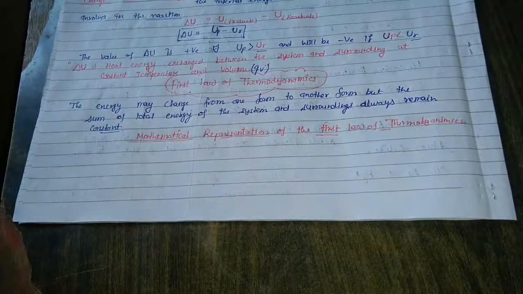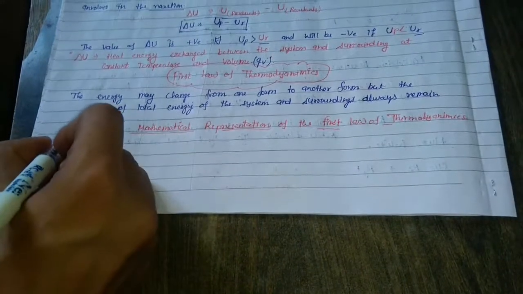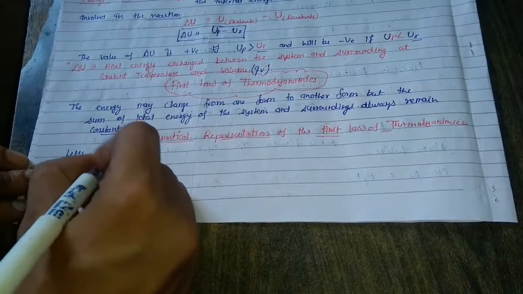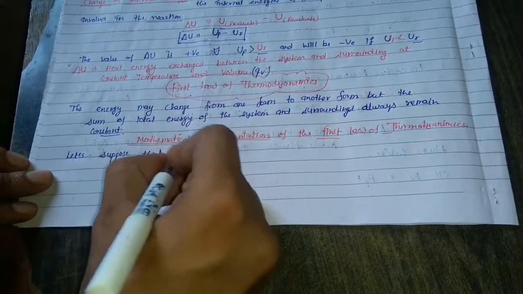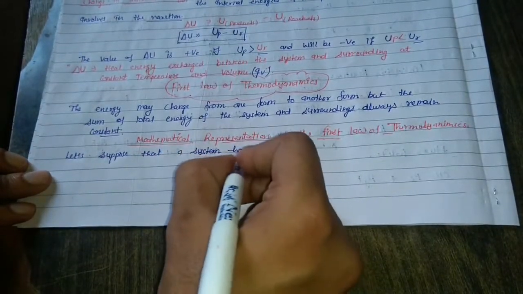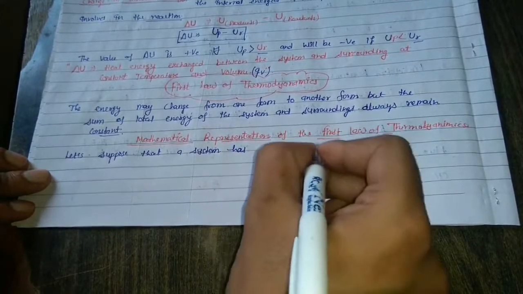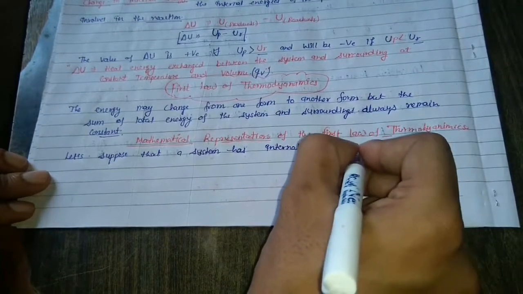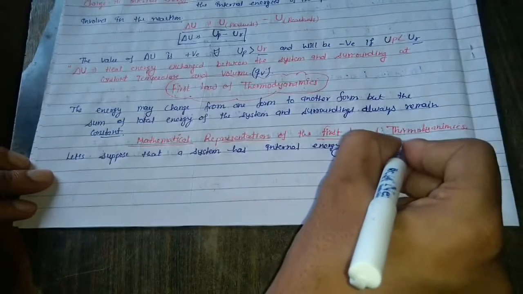So let's suppose that a system has internal energy equal to U1.